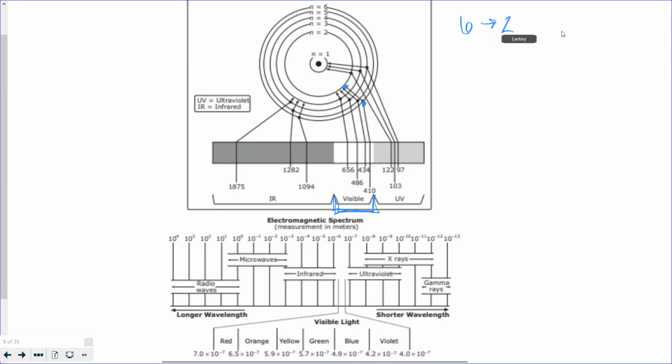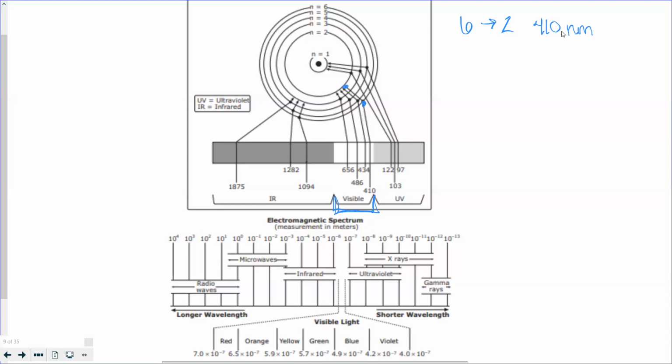And notice that it is going down. You're only going to see light whenever it drops levels, from a higher level to a lower level. That tells us that 410 nanometers is the wavelength given off. Well, down at our electromagnetic spectrum at the bottom, all of those measurements are in meters, not nanometers.